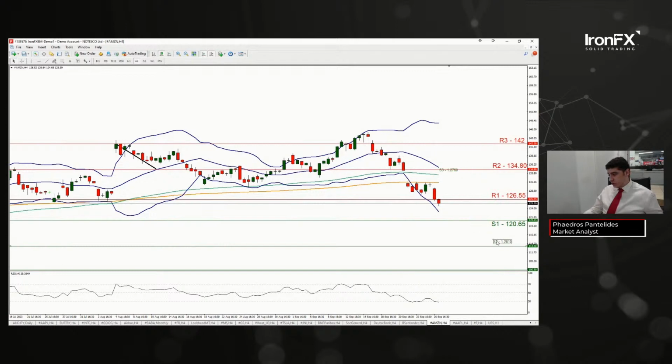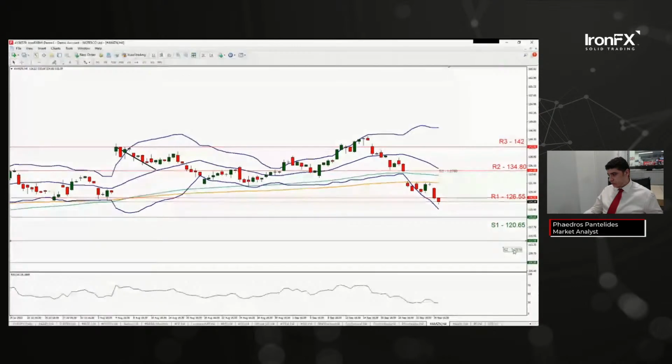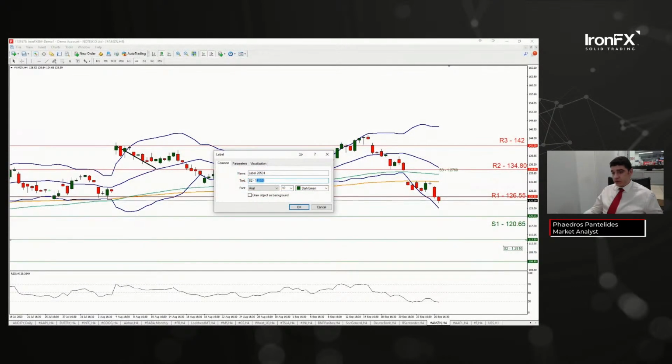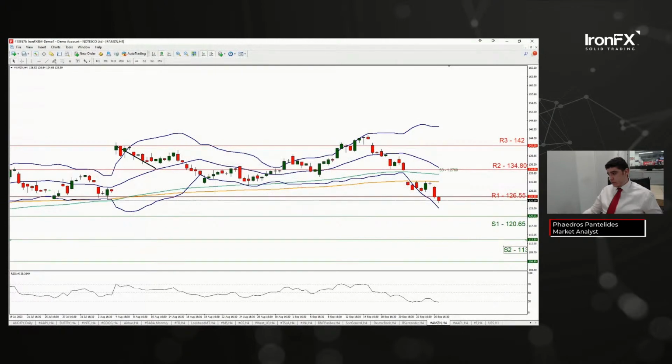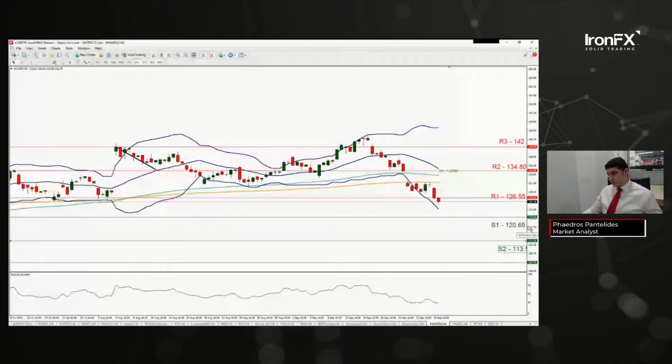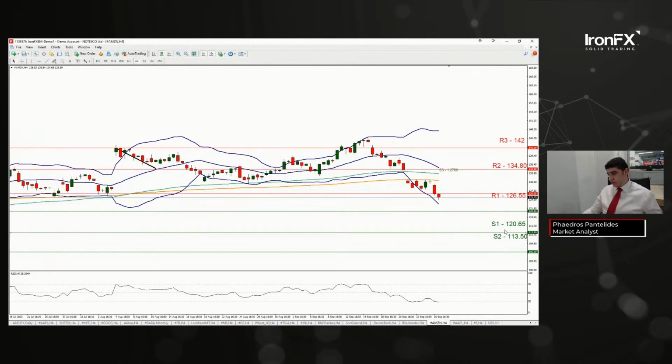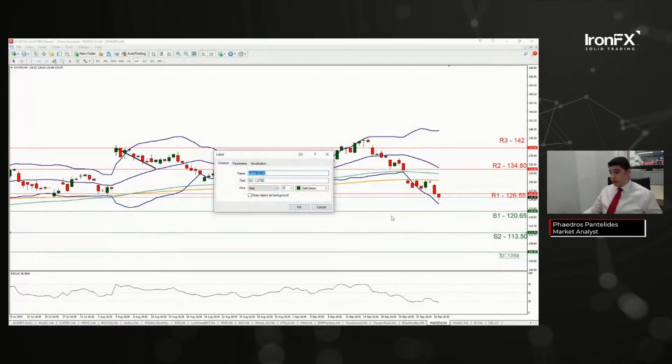And then for S2, under 13.50. Under 6.90.